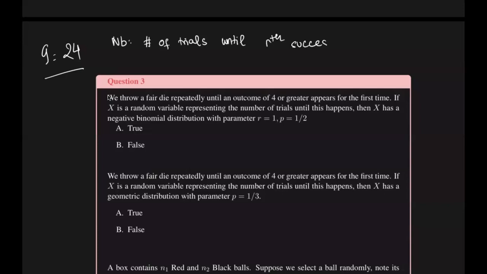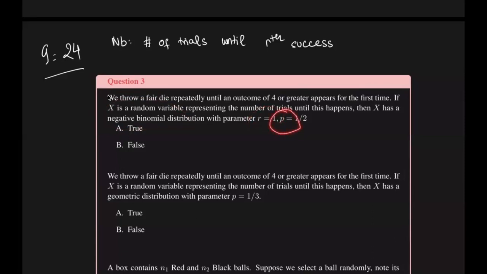And it just happened here that r equals 1 because we want to do the experiment until we get the first success. So yes, it is negative binomial and r equals 1.